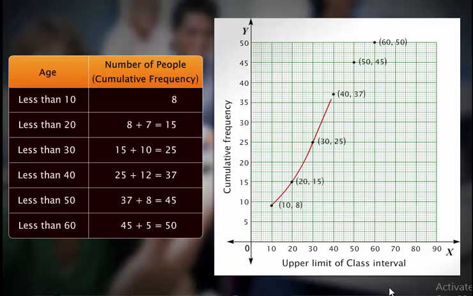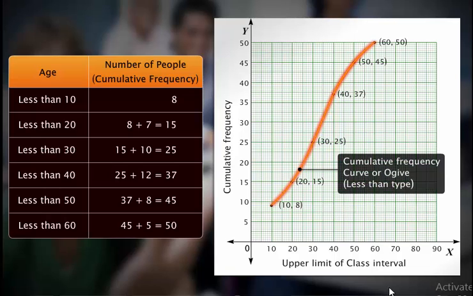Next, we join the points by a hand-drawn smooth curve as shown here. Since this curve is obtained by the cumulative frequency distribution of less than type, we call it the cumulative frequency curve of less than type or an ogive of less than type. Notice that the shape of the curve is a rising curve.